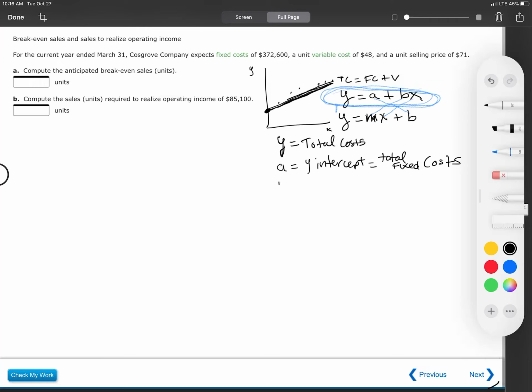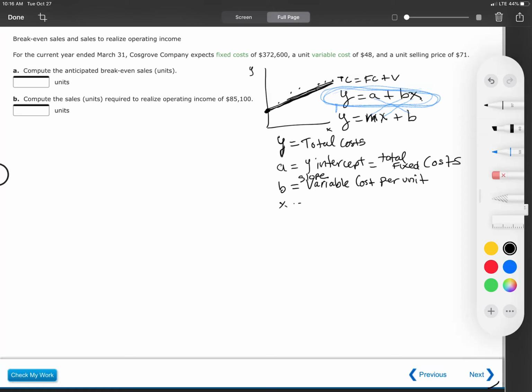Now, B is the variable costs, not total variable cost, but the variable cost per unit. That was called, I should have written that here, slope. In algebra, we call that slope, but in accounting, we call that the variable cost per unit.